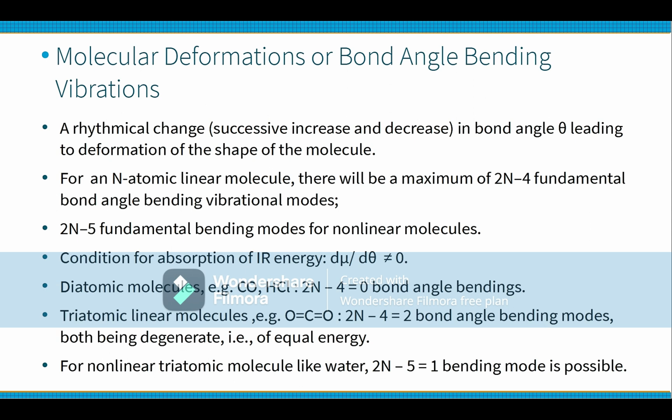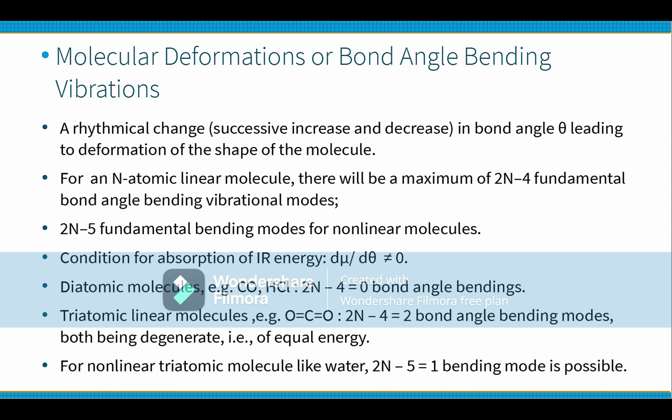Why have I used the word maximum? Sometimes we find that more than one mode has the same energy, so the instrument will recognize only one. Theoretically, the total number of bending vibrations is 2n-4 for linear molecules and 2n-5 for non-linear molecules.